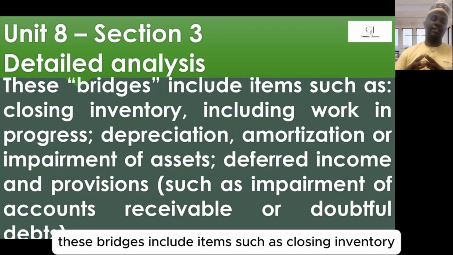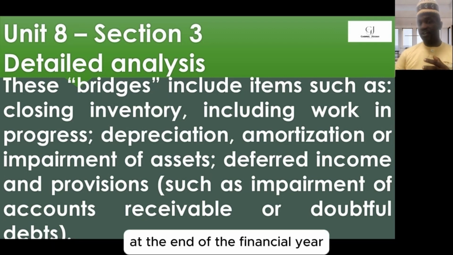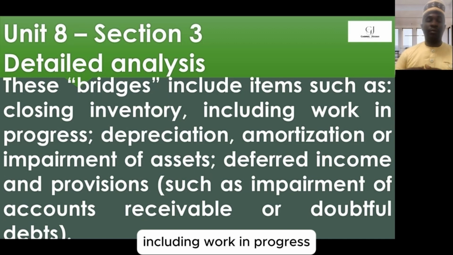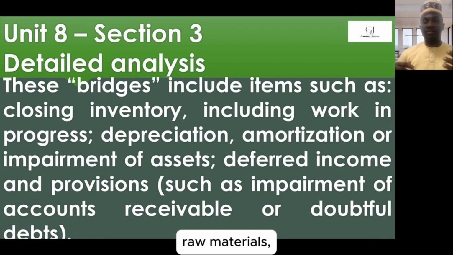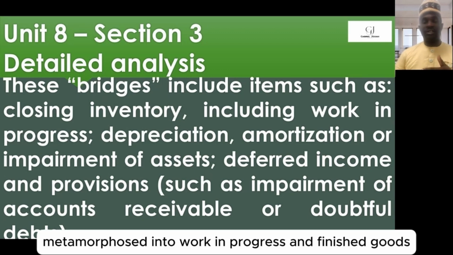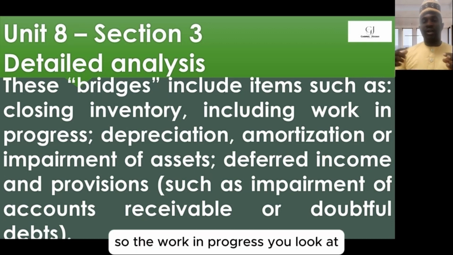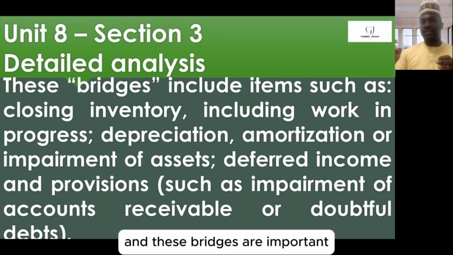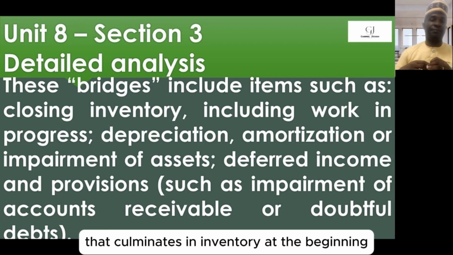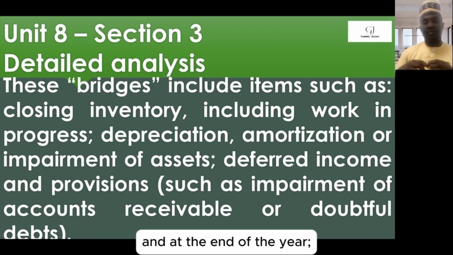These bridges include items such as closing inventory at the end of the financial year, including work in progress where it's a manufacturing company that has raw materials metamorphosed into work in progress and finished goods. So for work in progress, you look at how raw materials transform to finished goods, and these bridges are important, that culminates in inventory at the beginning and at the end of the year.